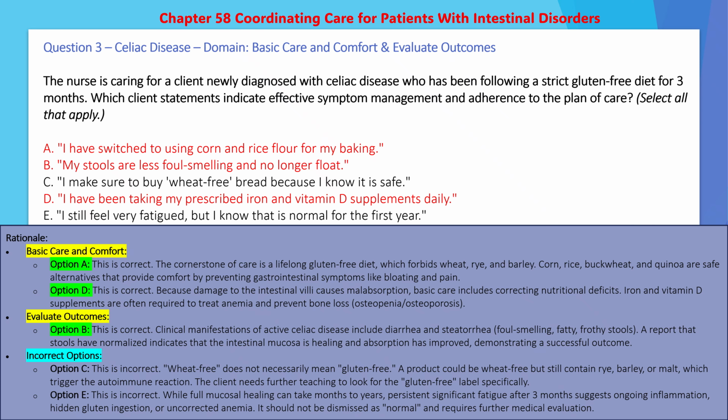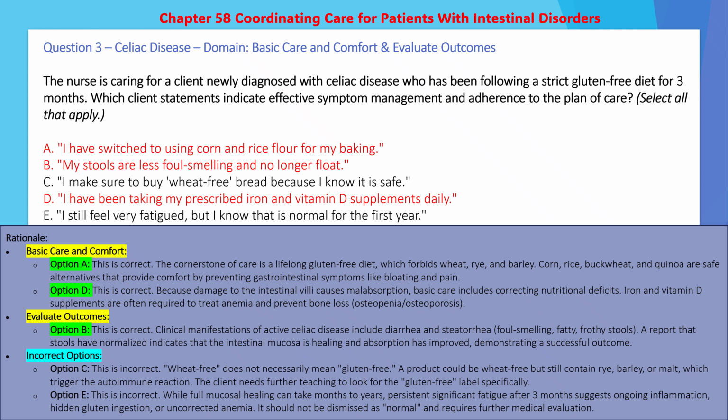The cornerstone of celiac care is a lifelong gluten-free diet, which forbids wheat, rye, and barley. Corn, rice, buckwheat, and quinoa are safe alternatives that provide comfort by preventing gastrointestinal symptoms like bloating and pain.